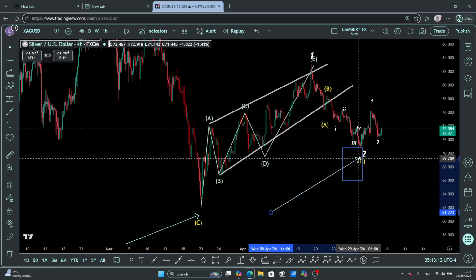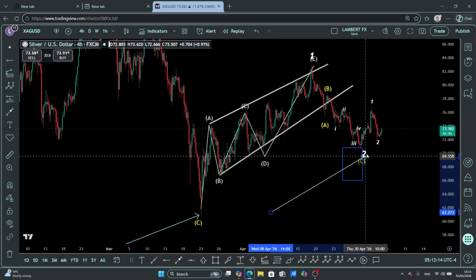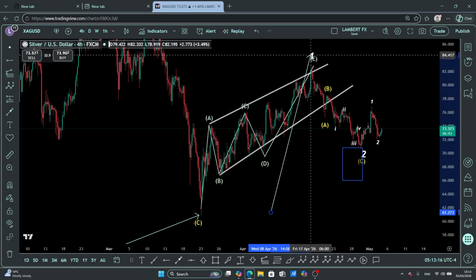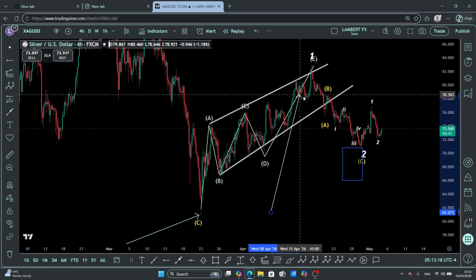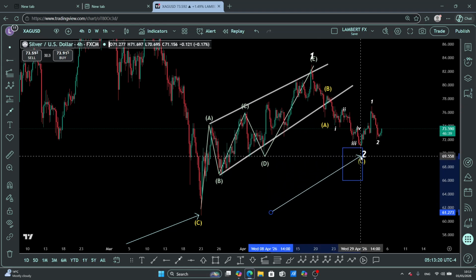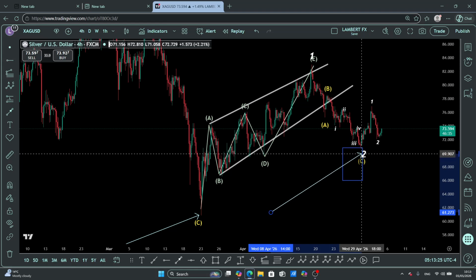Yeah, this completed here 5, which then became our 2. So we had a 1, which is the leading diagonal, and then our 2, which is the end of the correction of the leading diagonal.